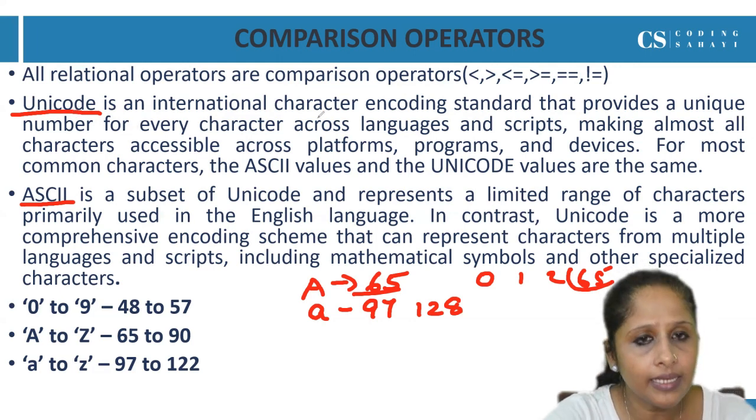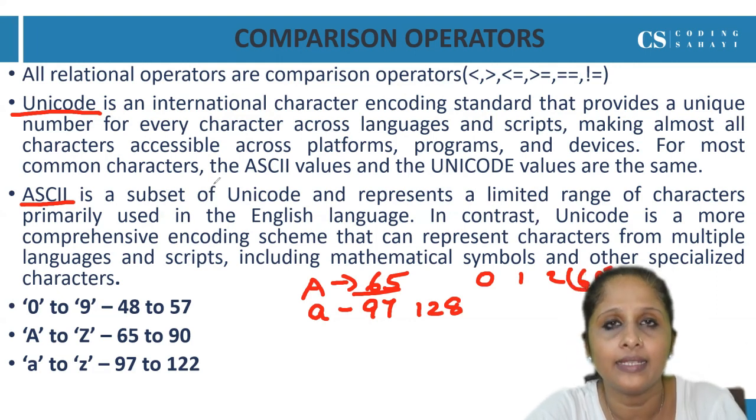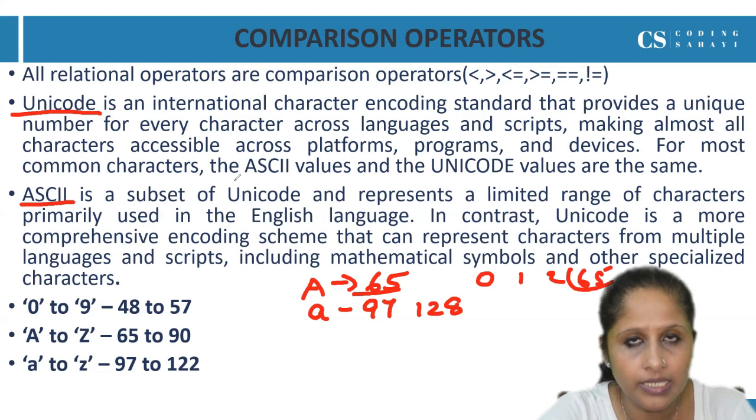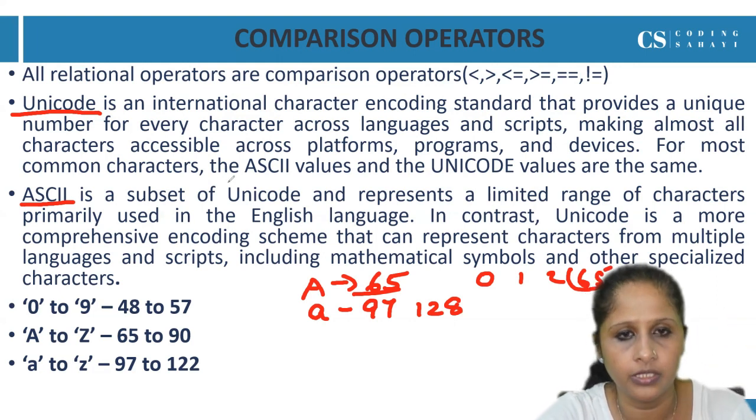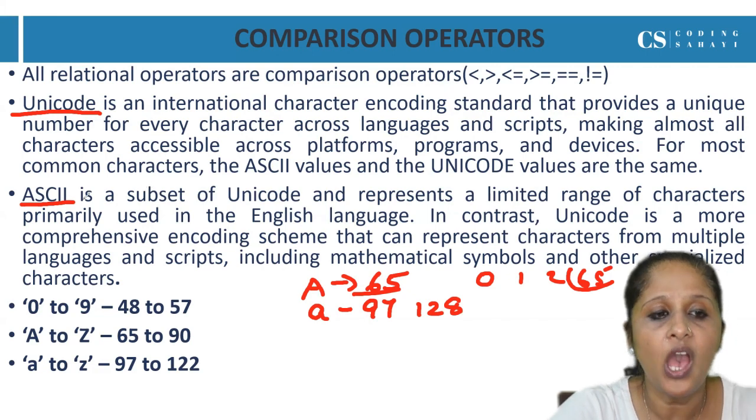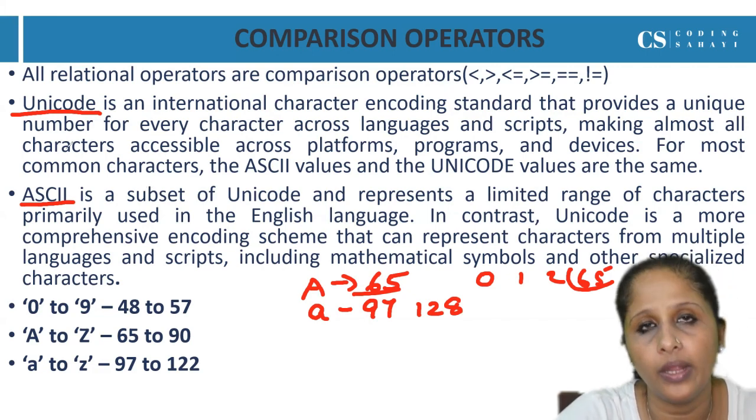So Unicode is an international character encoding standard that provides a unique number for every character across languages. All platforms can now access all types of languages. In that way our computer generations developed. So in the case of strings, how are ASCII and Unicode important?